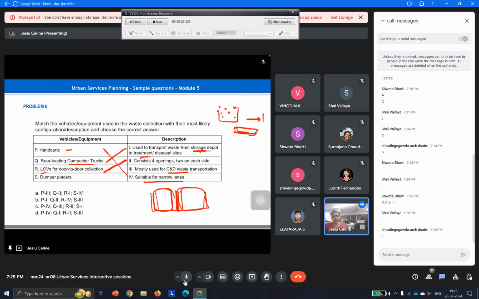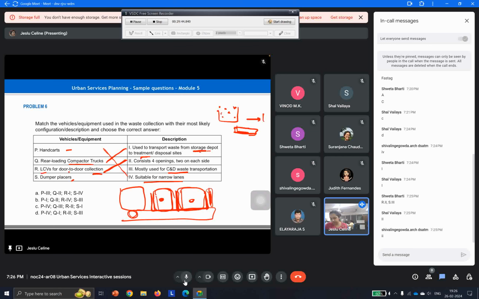So that's why they're talking about openings on either side. Imagine this is one side of the truck, it can have two openings over here, and the other two openings on the other side. So that's the commercial vehicle which is used for door-to-door collection.